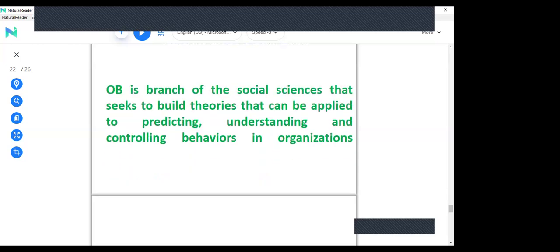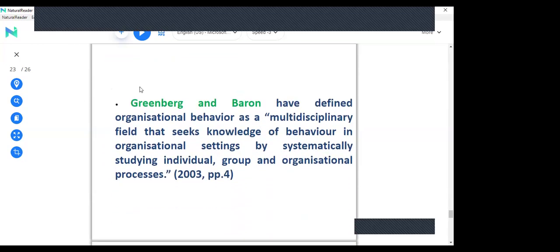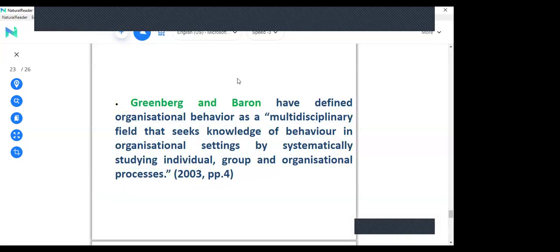It is in the new millennium one. Okay, Greenberg and Baron. You listen to it. Greenberg and Baron have defined organizational behavior as a multidisciplinary field that seeks knowledge of behavior in organizational settings by systematically studying individual, group and organizational processes. 2003. Right.